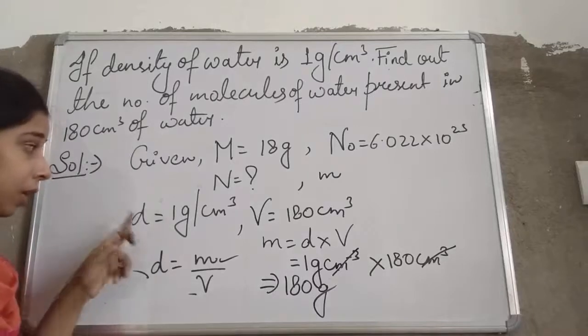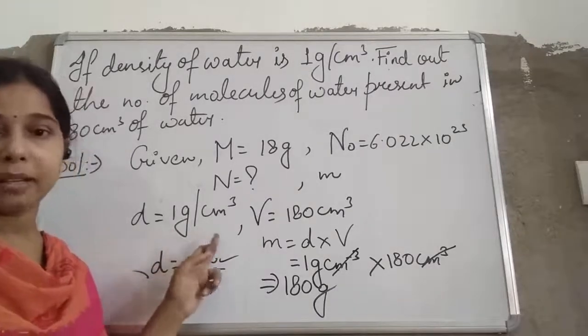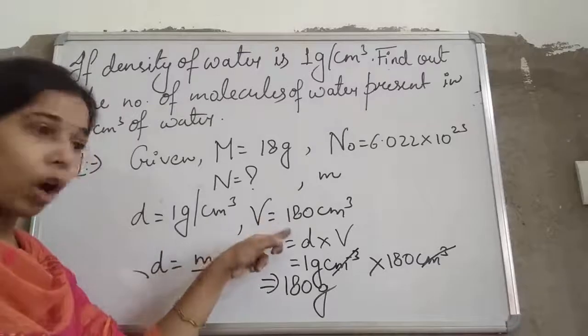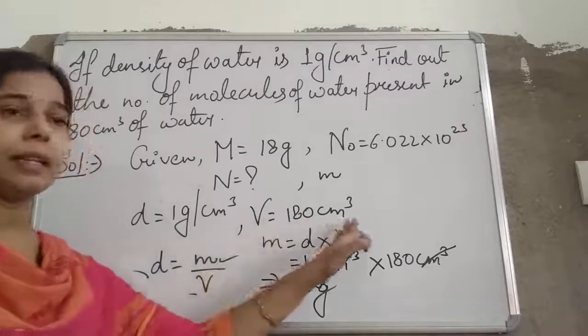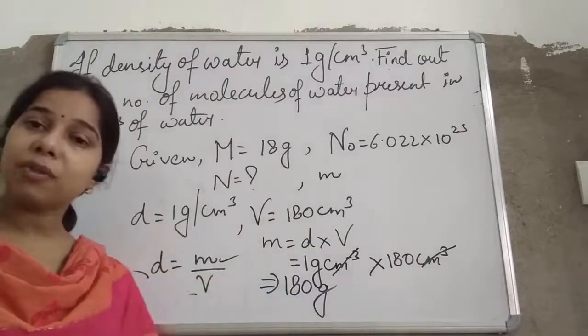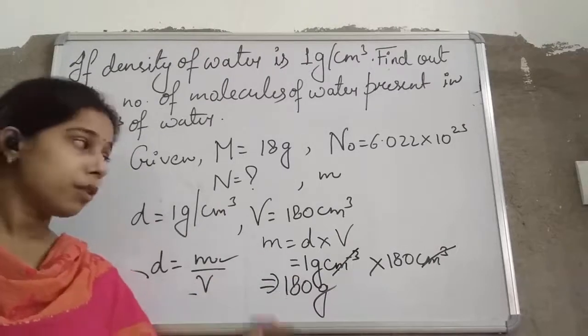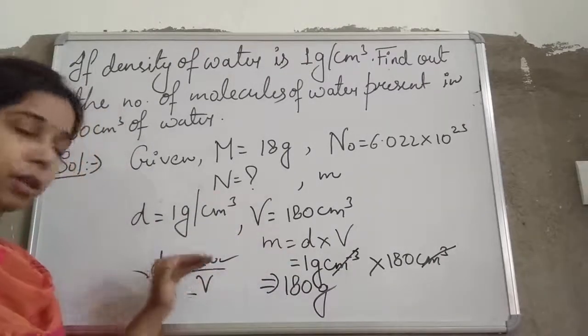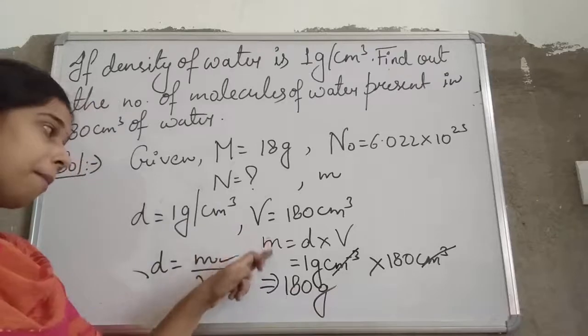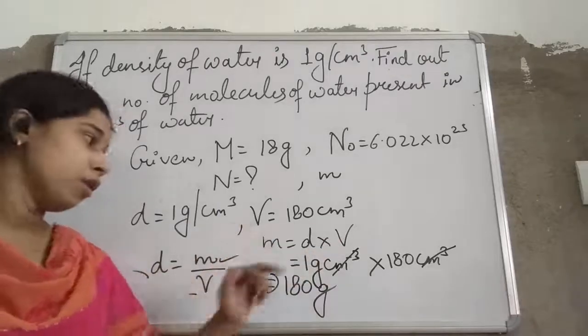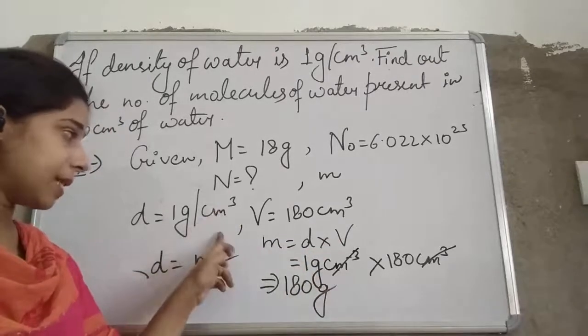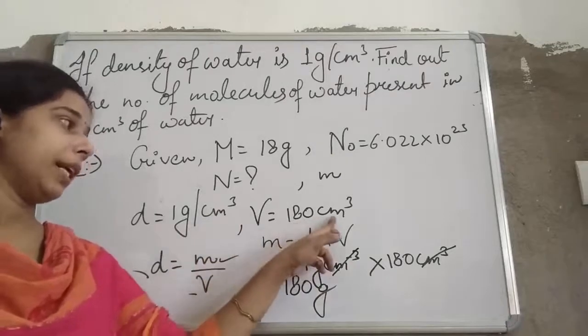I repeat it. The density is given, that is 1 gram per centimeter cube. Volume is given, that is 180 centimeter cube. We have to find the mass. Density is equals to mass upon volume, or mass is equals to density into volume. So we multiply 1 gram per centimeter cube by 180 centimeter cube.